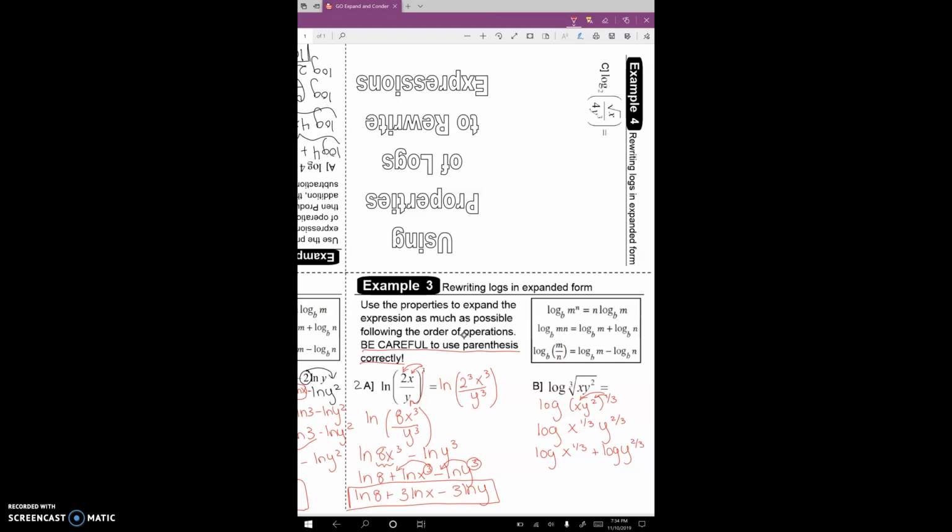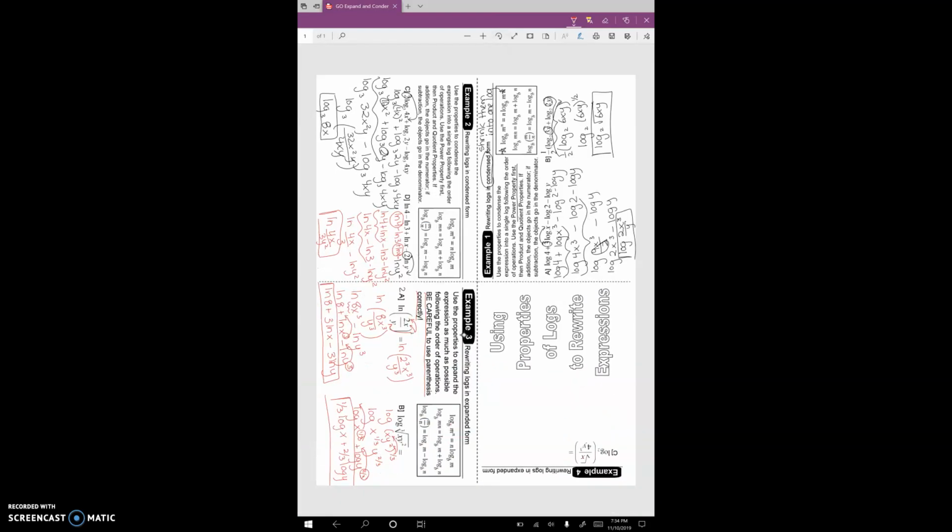They have powers. That means the powers will go to the front. Notice that the last thing we always do is the powers going to the front. It's just easier, because then I know that everything else has been separated and expanded. And that's problem B. Now we can go to the last example, example 4.